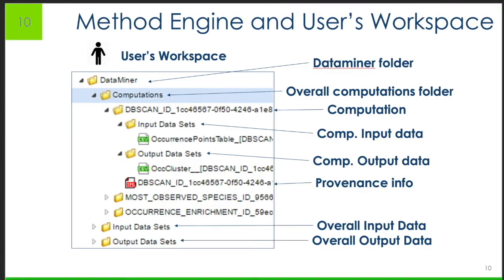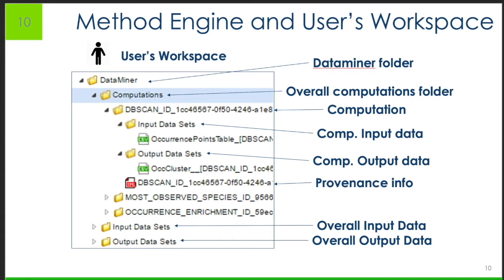Now that the demo has been done, let's focus on some of the characteristics or features that the method engine has. In the slide you see the user's workspace. Each SoBigData user has a cloud storage of up to 50 gigabytes that is called Workspace, and the method engine for each computation creates a folder with the overall computations.